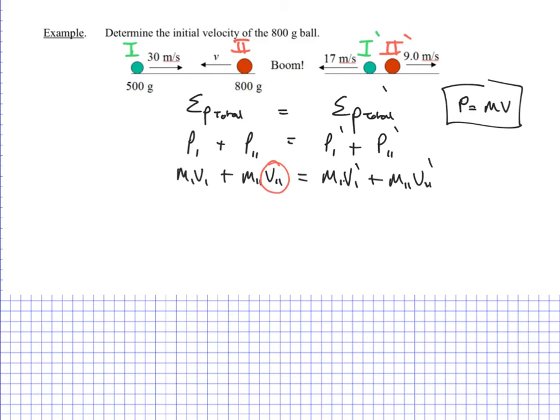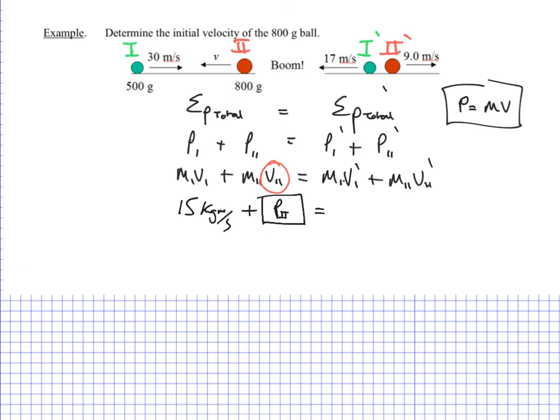So mass 1 times v1, well, my v1 is here, so this is going to give me 0.5 kilograms multiplied by 30. That's going to give me 15 kilogram meters per second, plus, well, this is what I don't know. This is my momentum 2 initial, don't know that.